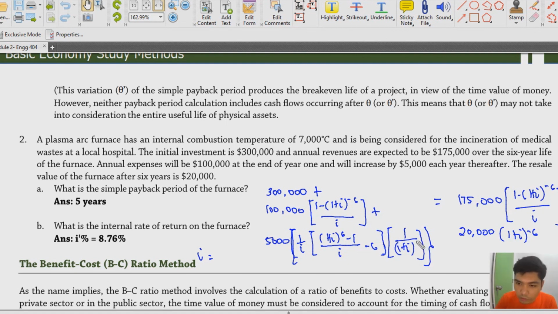Now this should be 6 because I forgot to rewrite the n, so that should be our answer. Again, this is the gradient formula, 1 over I times 1 plus I raised to n minus 1 all over I minus n, and then quantity 1 over 1 plus I raised to n. So our n is 6 because that is the period wherein our payment or study period ended, right?